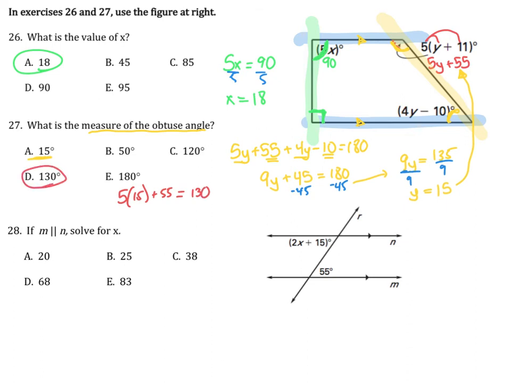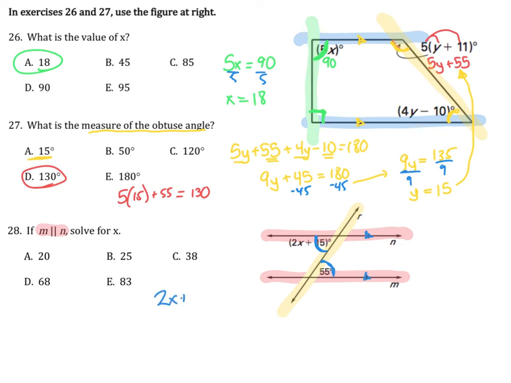On 28 here, I have a set of parallel lines. I am told M and N are parallel, and there is a transversal right there. If I look at these two angles, there's 55, and there's 2x plus 15. They are alternate interior angles, and if lines are parallel, alternate interior angles are congruent.